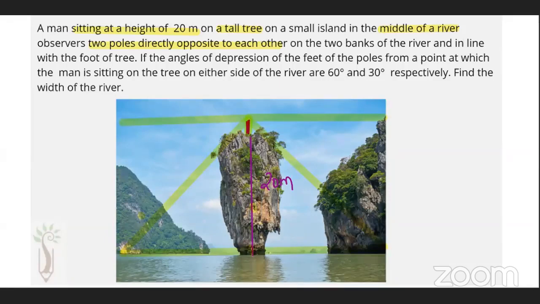Why? Because one angle of depression is 60 and the other angle of depression is 30. It looks exactly down, but it's not. This is more far away and this is closer. So the closer one will be 60 degrees and the far away one will be 30 degrees. Sorry, that is 60. Okay.